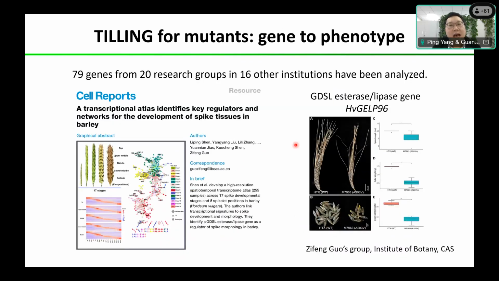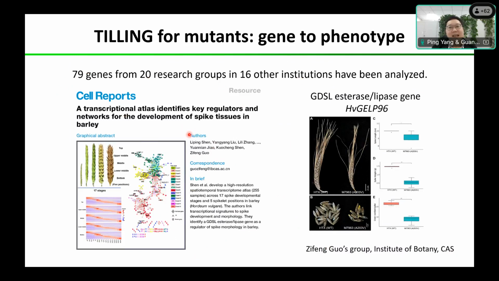Up to now, we have analyzed more than 135 genes. For instance, this included 79 genes from 20 research groups in 16 other institutions in China. For example, one published by Zifeng Guo's group from the Institute of Botany, Chinese Academy of Sciences.